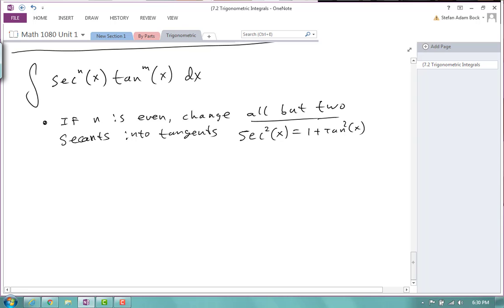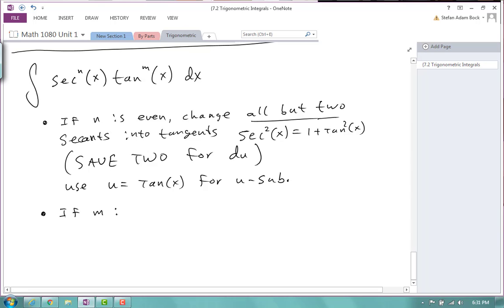But it's important that you always remember to save 2 of them for the du. And then we're going to use u equal to tangent of x for u substitution.